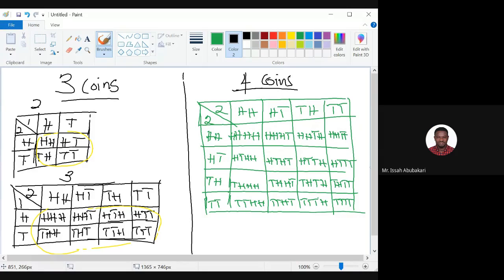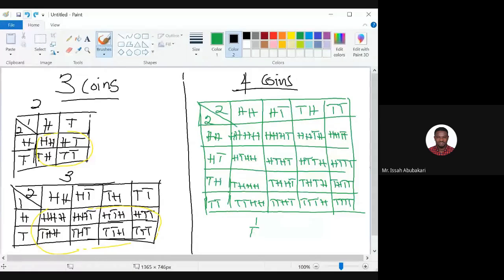Okay, so P. Kanan, what is the probability of getting 4 heads when you toss 4 coins? 1/16. 1 divided by 16. 16, right? Okay, okay then.